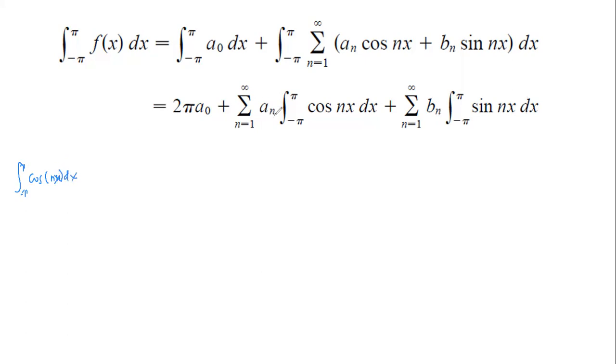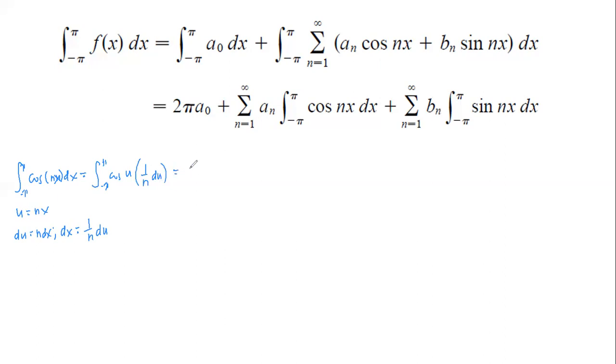We factor out the constant, which is a sub n. Here we can let the variable u represent nx such that du is n dx. So dx is 1 over n du. We're going to replace nx by u. Okay, dx is 1 over n du.